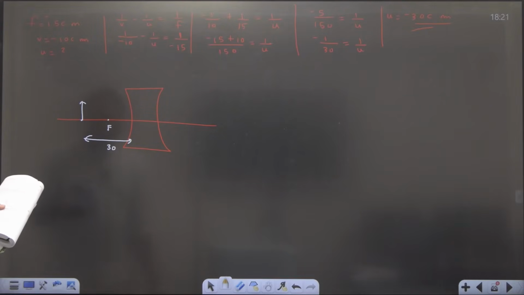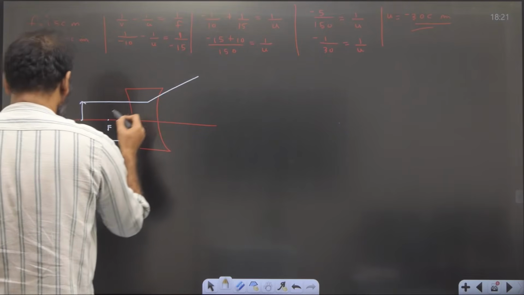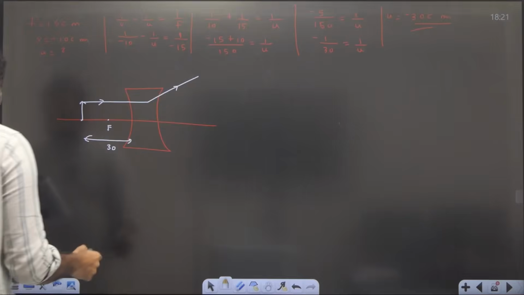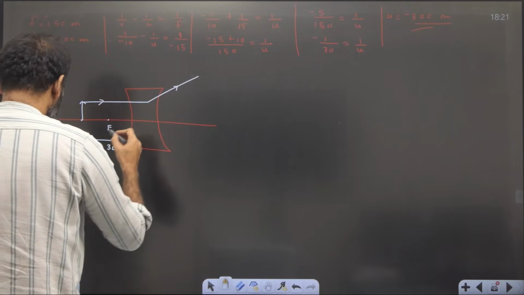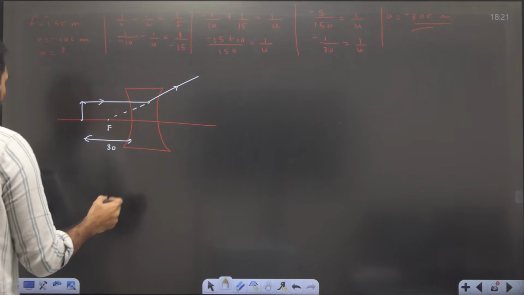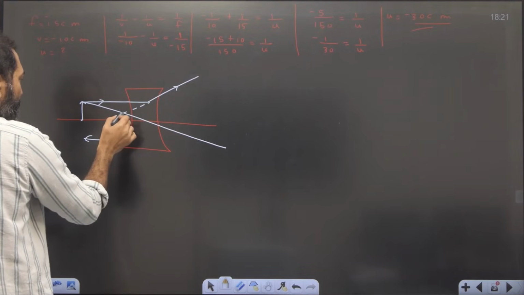Now, one ray is coming here. It will be going like this. Another ray should be going through the focus. Now another ray should be passing through the optical center. Here the rays are intersecting.